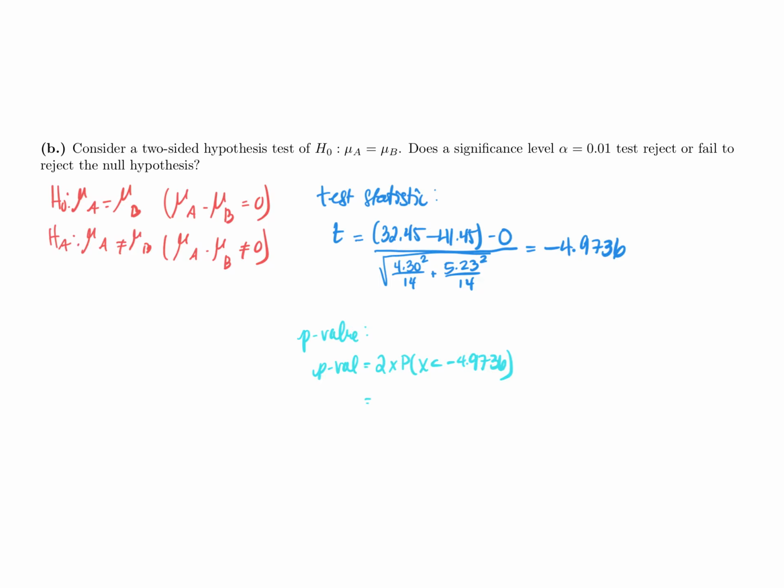So 2 times all of this gets us 3.9906 times 10 to the negative fifth, or approximately 0.00004, which is approximately 0. And since our p-value is definitely less than alpha, because 0.00004 or approximately 0 is less than 0.01, therefore we would reject the null.